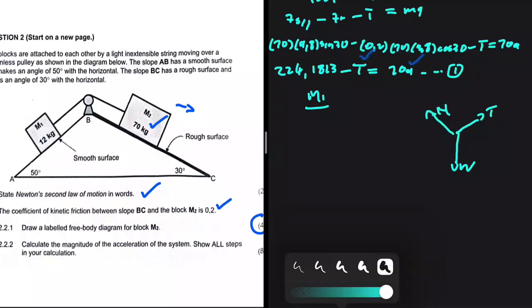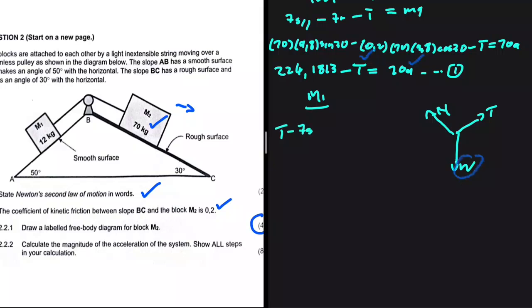When we set up our equation, the force that is pulling M1 is the tension minus the force that is opposing, the parallel component of the weight. So we have F_g parallel being equal to ma. We're going to have the tension minus F_g parallel. The mass is 12 multiplied by 9.8 multiplied by sine of theta.